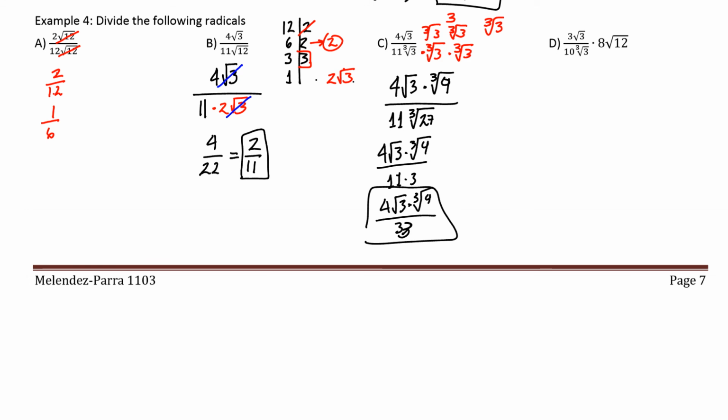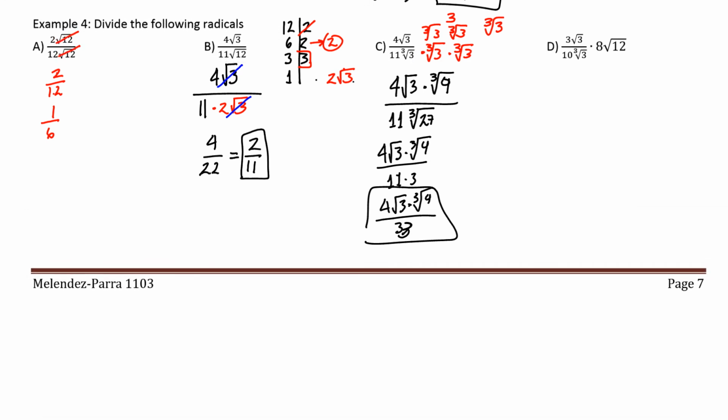Now, what we need to do next is do both the multiplication and the division. Remember that in multiplication and division of fractions, you multiply top to top, bottom to bottom. So this is going to become 24 times the square root of 36.